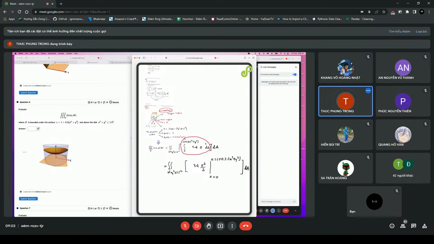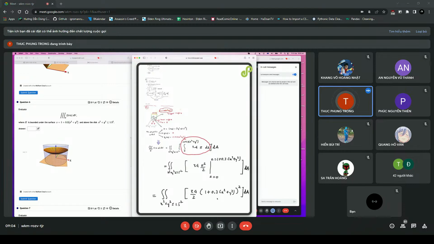And now we try to get the inside. So we have 3.4 over 2, times 1 plus 0.3 times x squared plus y squared, all squared, dA. Because when we insert 0, we get 0. Only for the upper limit, we get something right here.